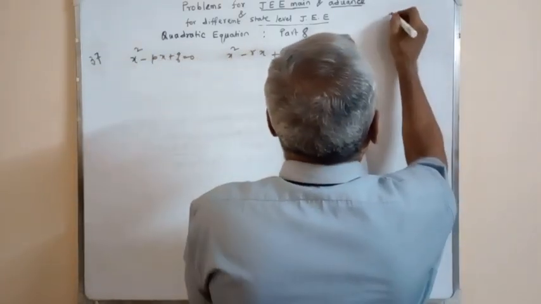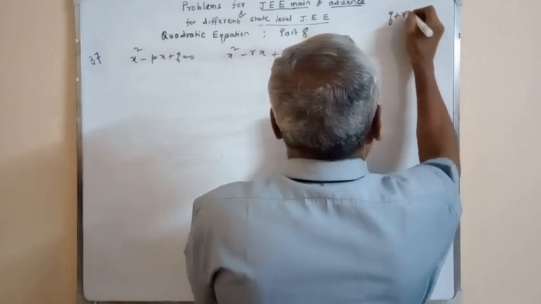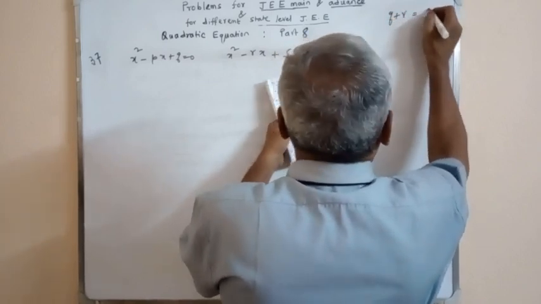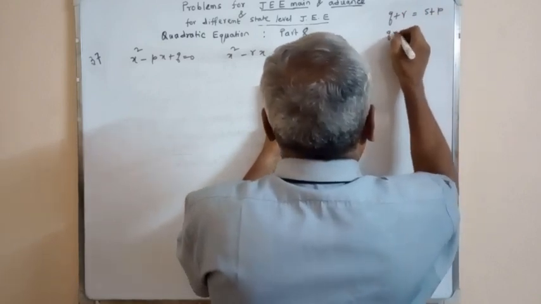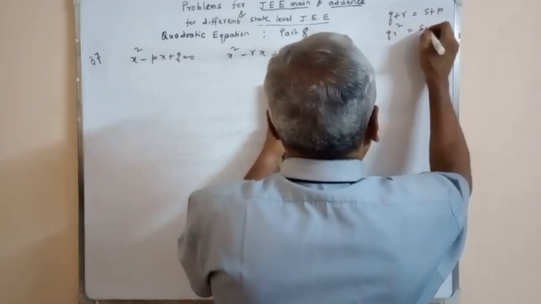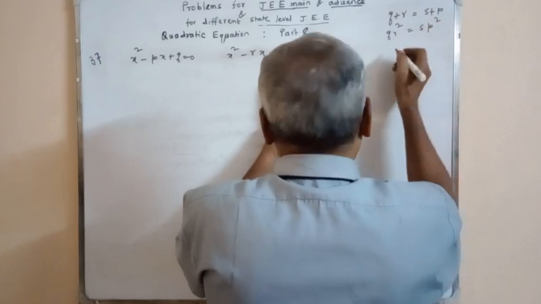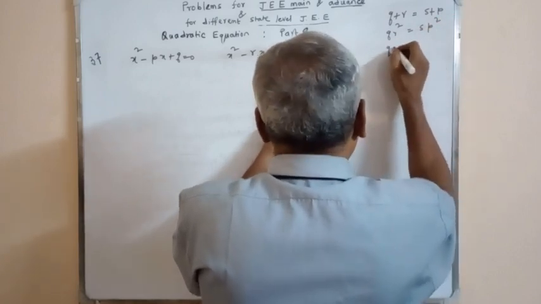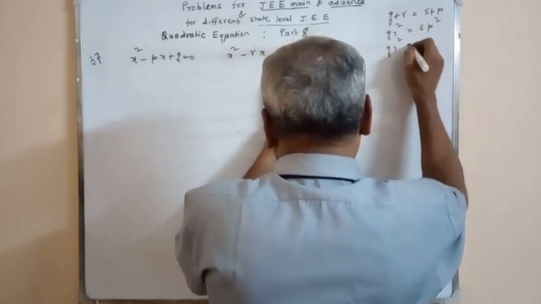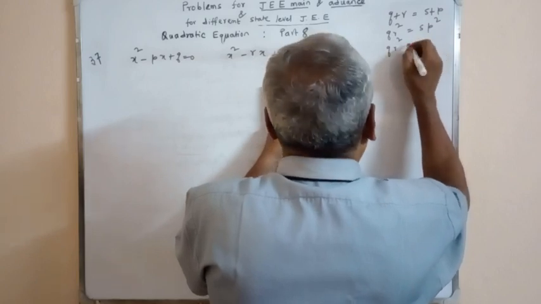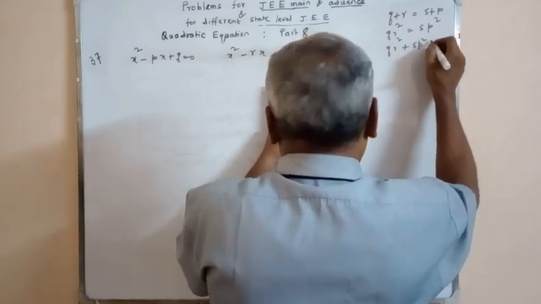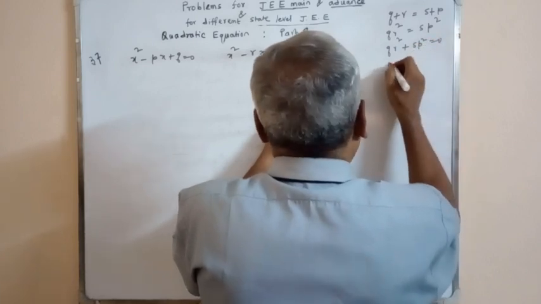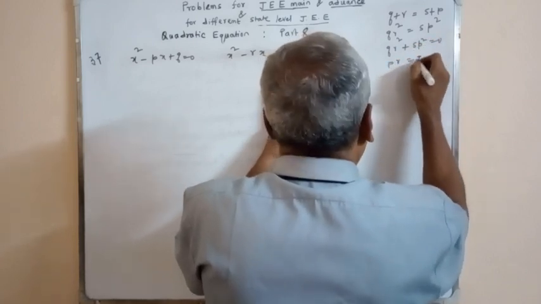Number one, q plus r is equal to s plus p. Number two, qr square is equal to sp square. Number three, qr square plus sp square is equal to 0, and number four, pr is equal to qs.